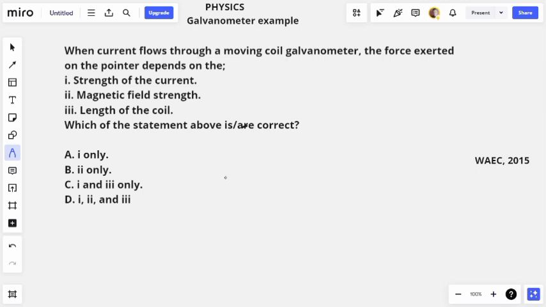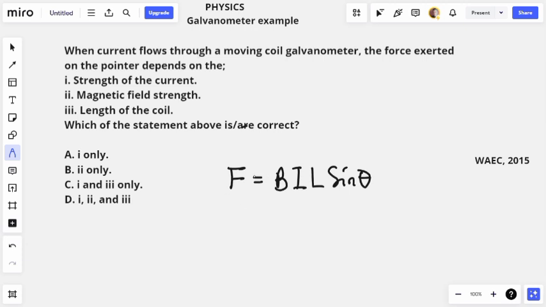Remember, under the theory of electromagnetism, the force exerted on a conductor is directly proportional to the strength of the magnetic field, also proportional to the current through the conductor, also proportional to the length of the conductor, and also proportional to the sine of the angle of the conductor with respect to the magnetic field lines.